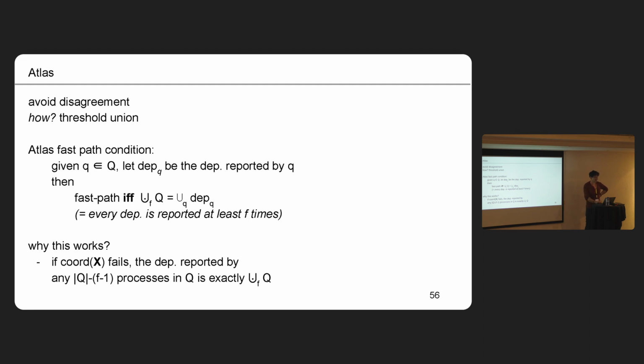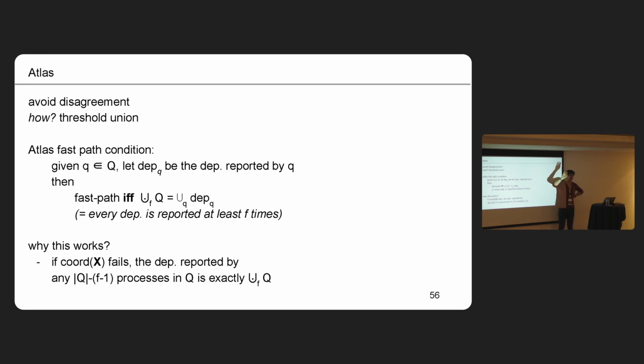Yeah, you ask the q minus f plus 1, okay? Take the union, and then what do you do? Sorry? So you have the union. You know that the coordinator has failed.